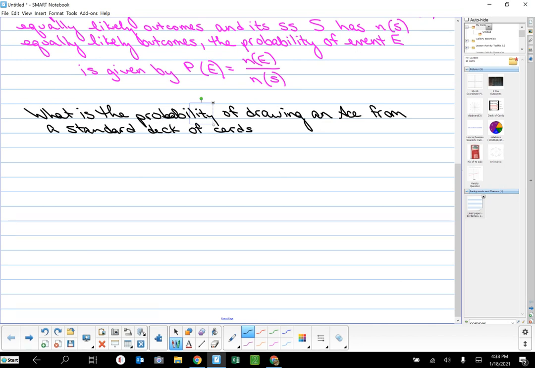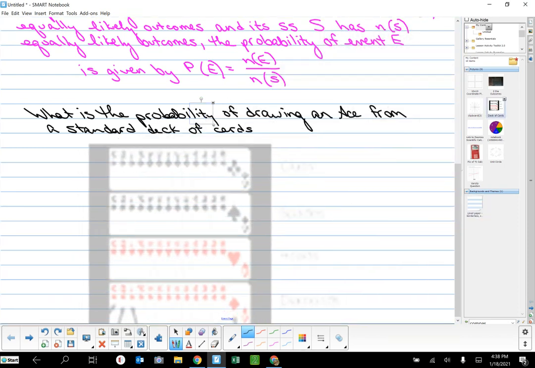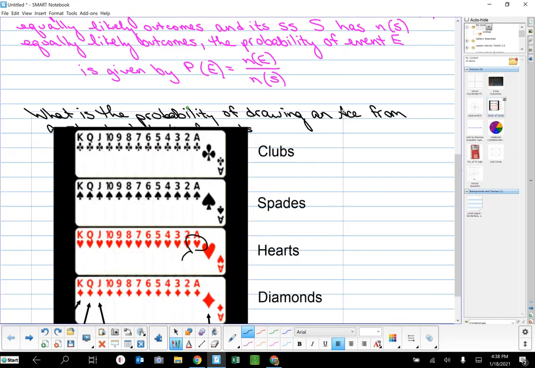Okay, so couple things. Along with this lecture, I have included two pictures. One picture, which I'm going to throw on the screen but then get rid of, is a picture of a deck of cards.